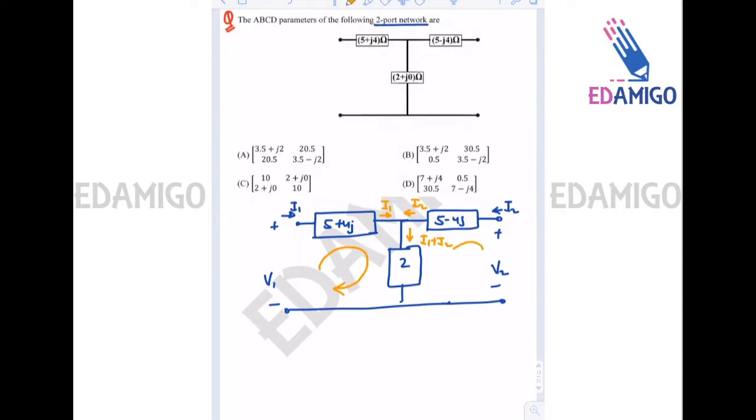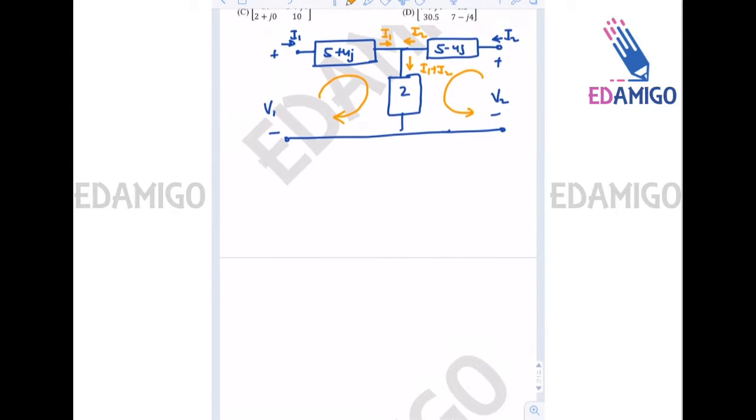Now KVL in these two loops can easily give us the result. That is, V1 is equal to (5 plus 4j) I1 plus 2 times (I1 plus I2), that is, (7 plus 4j) I1 plus 2 I2 is equal to V1. This is equation number 1, from loop number 1.